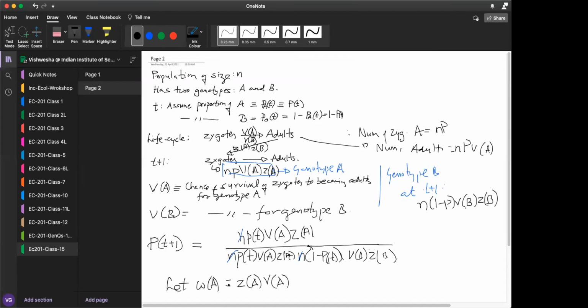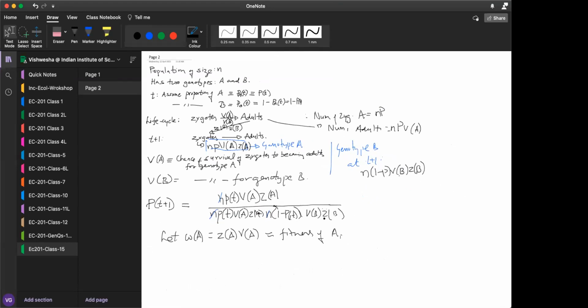Then what does W mean? This W of A basically means the number of zygotes times the survival probability. And in some sense, it's also the same as the fitness of A. Is it fine? So we can actually combine the two, as you have just suggested.